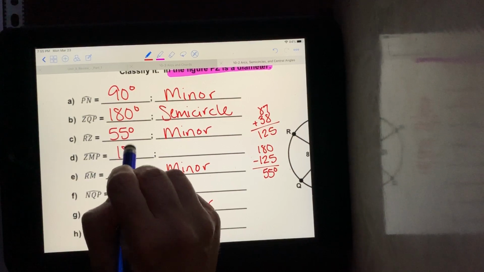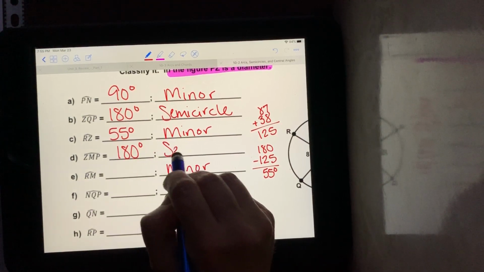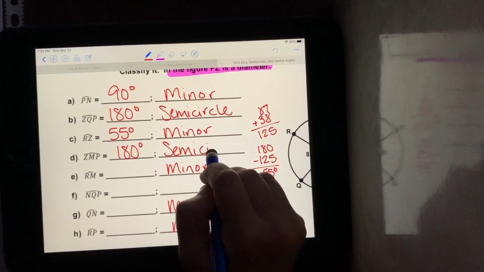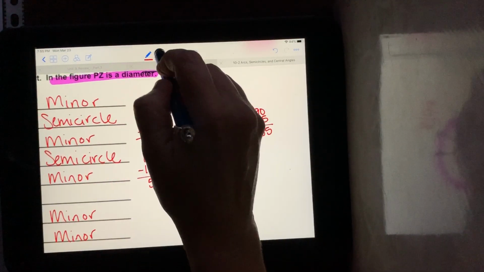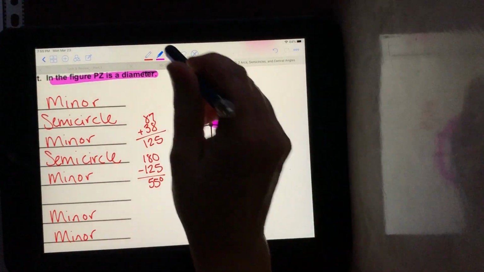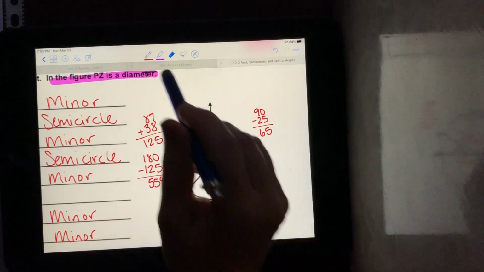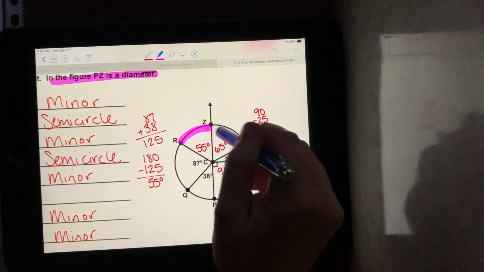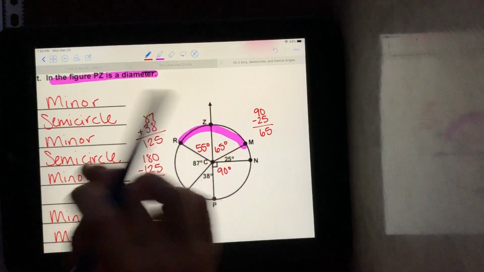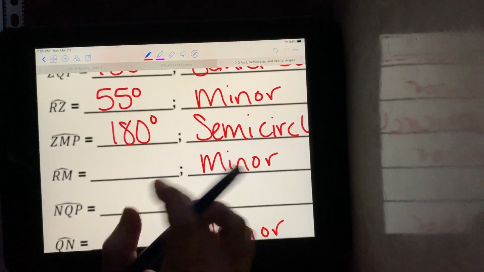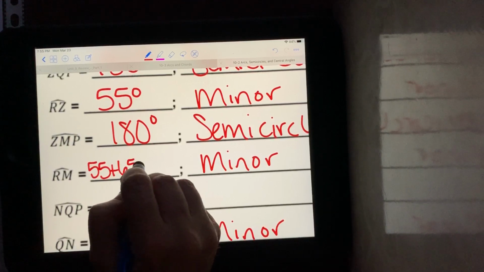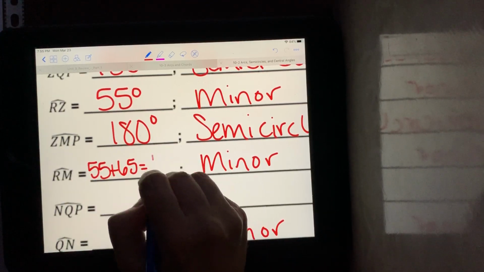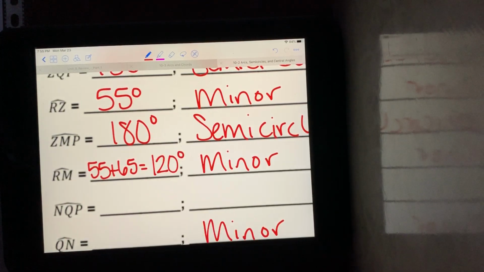We know if it's a semicircle, it's 180 degrees. All right, RM, we have to add up two angles, 55 and 65. So I'm gonna write that small, which does give me 120 degrees.